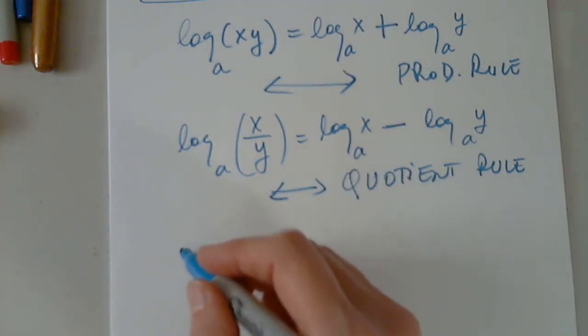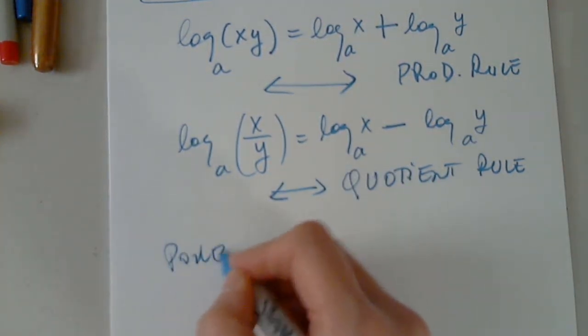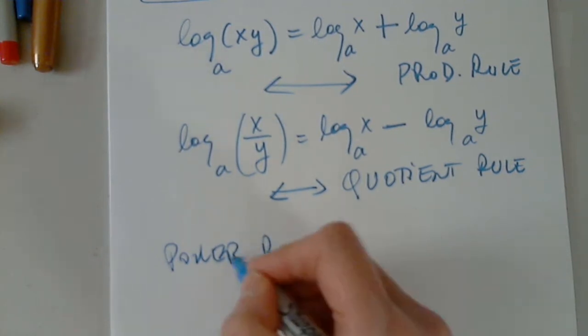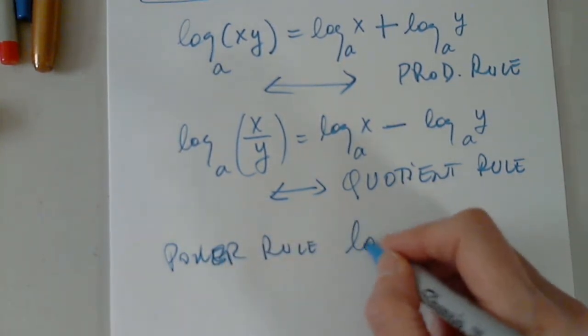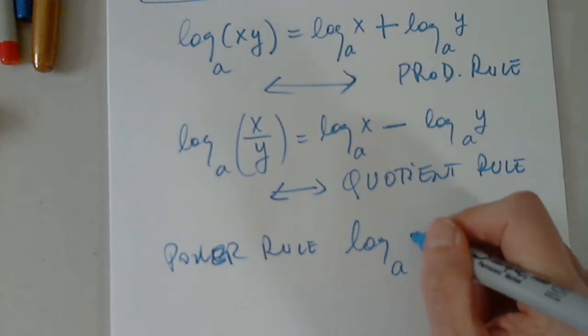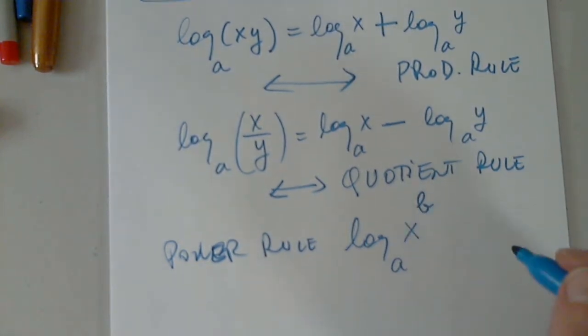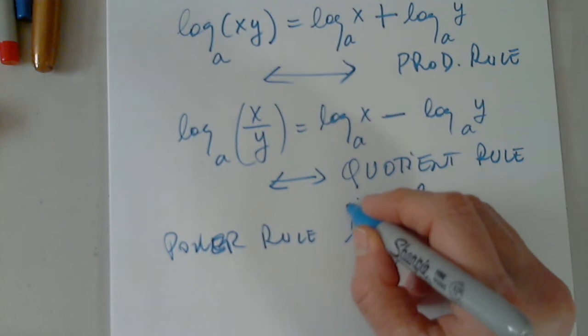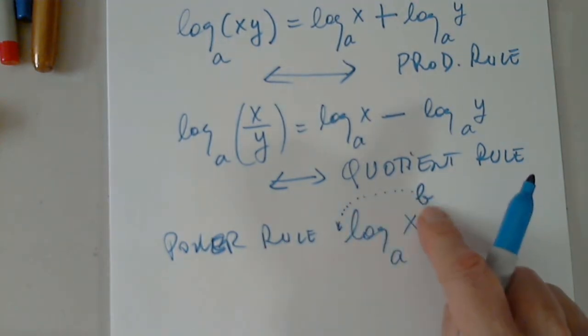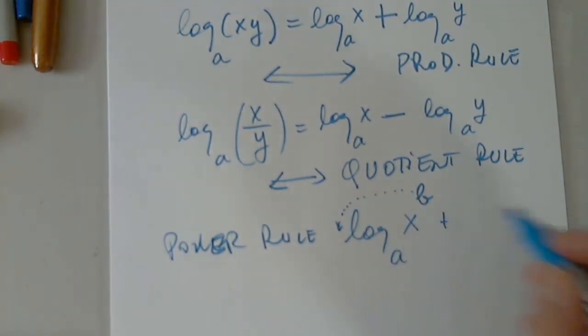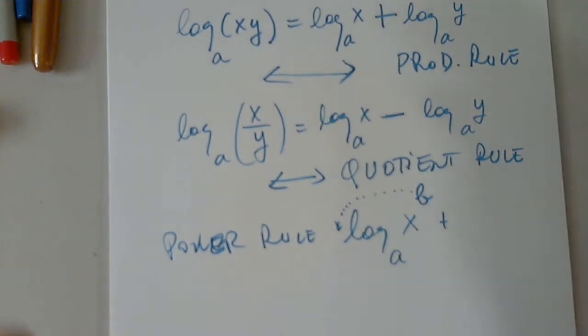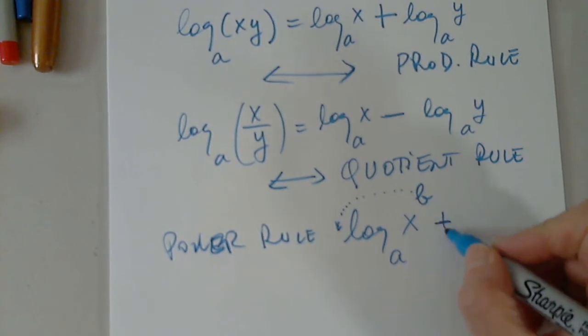was the power rule. Log base A of x to the power b. We already used this a few minutes ago. We brought the power in front as a factor, not addition. I was going to say addition, I wrote addition. No, that's not the case.